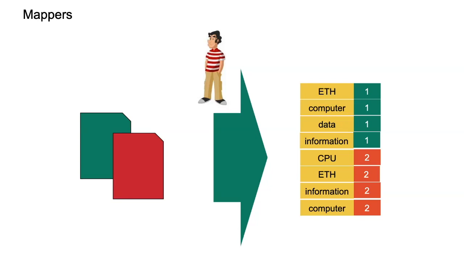So I have ETH 1 because there is the word ETH in the first document, document 1. Then there is the word computer in document 1. So I output ETH 1, computer 1. And again, 1 is the document ID of the first document. 2 is the document ID of the second document, right? Then I know that there is the word CPU in document 2, ETH in document 2, and so on.